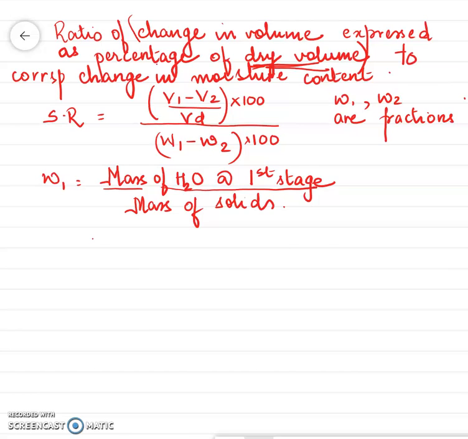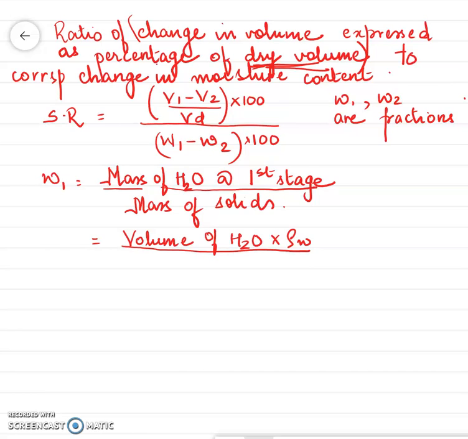Now mass can be written as volume into density. Correct? So volume of water into its density. If I'm writing mass, then I will be multiplying by rho, density; if it was weight, then I would be multiplying by gamma, unit weight.